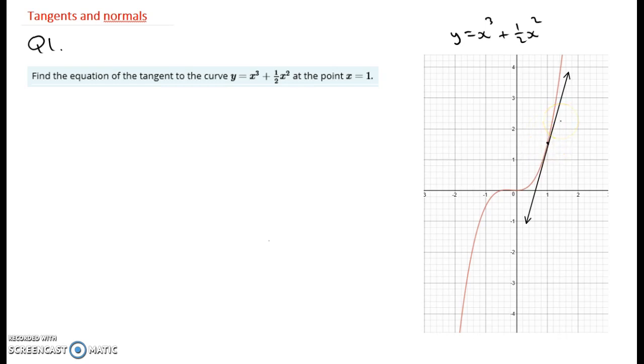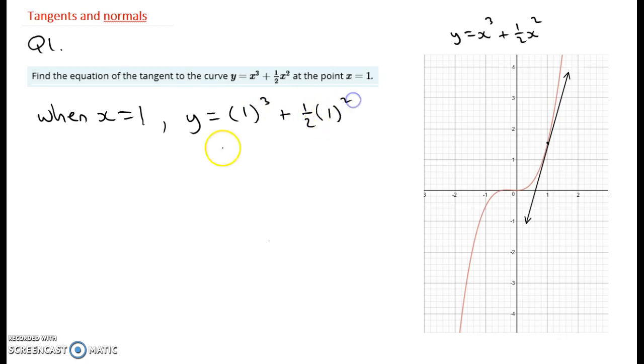To do that, we can just substitute x equals 1 into our curve. y equals 1 cubed plus a half times 1 squared, which equals 1 plus a half. So y equals 1.5, or y equals 3 over 2. So we know the coordinates of this point on the graph: x equals 1, y equals 3 over 2.